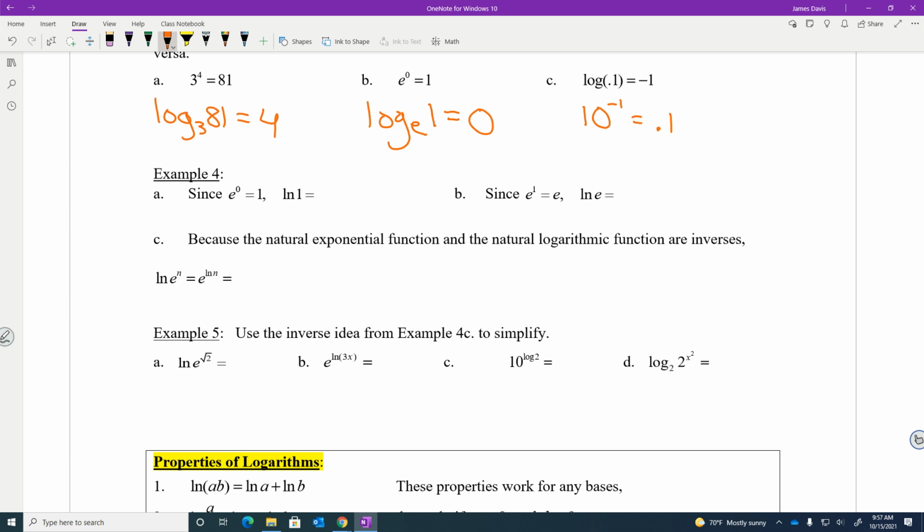Oh, this one's e. Natural log of e is 1. I'm not sure what it's trying to get you to do there. I'm not sure what it's asking you in that one. But I think it's just getting you to take the, okay, yeah.